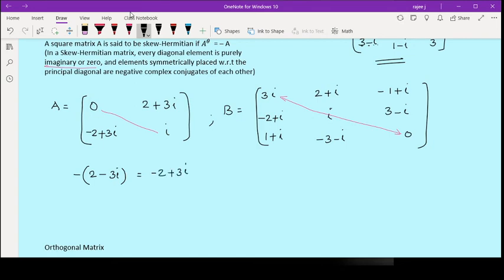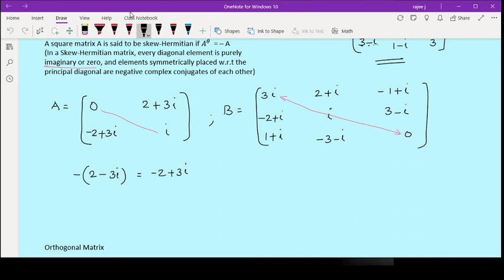Minus 2 plus 3i. So how can you say this? Elements placed symmetrically opposite are negative complex conjugates of each other. So 2 plus 3i, conjugate of that is 2 minus 3i. Okay, so conjugate is there, then negative of that. So negative conjugate of the other element.